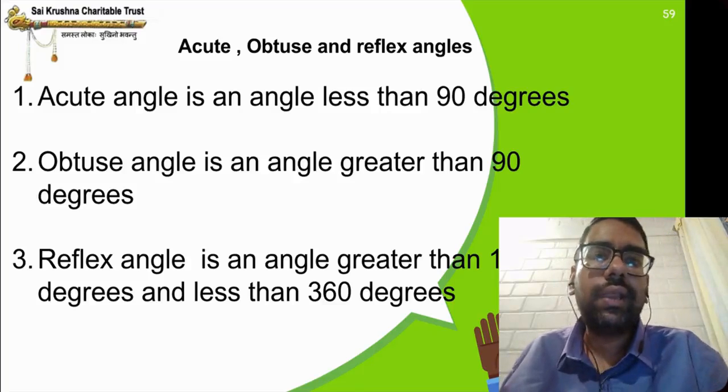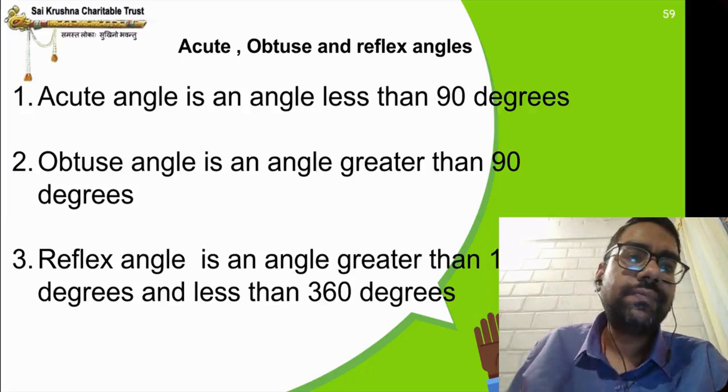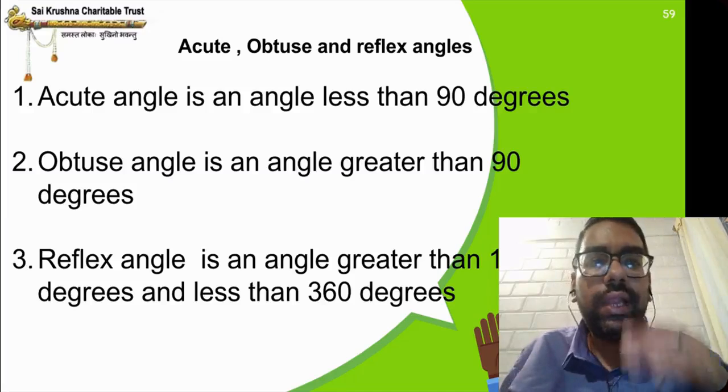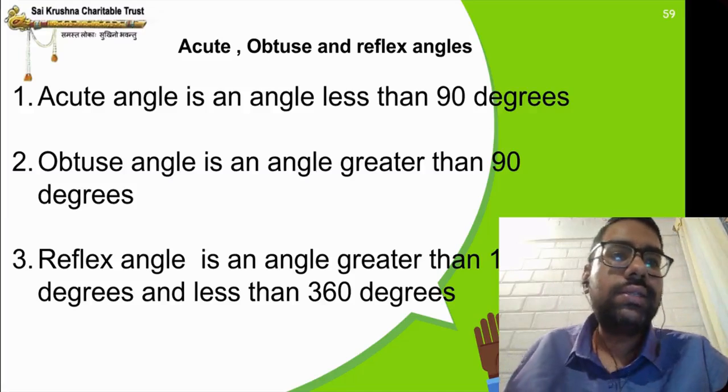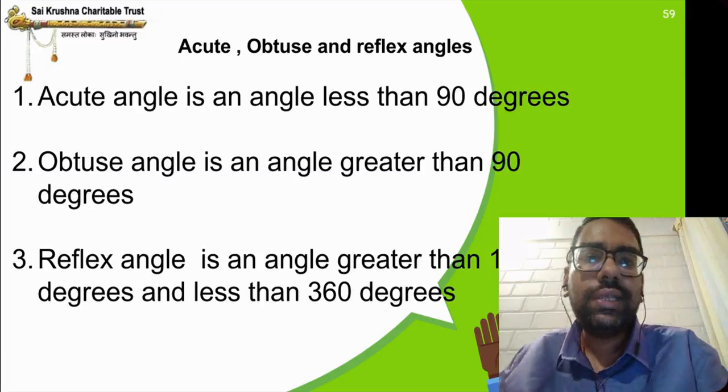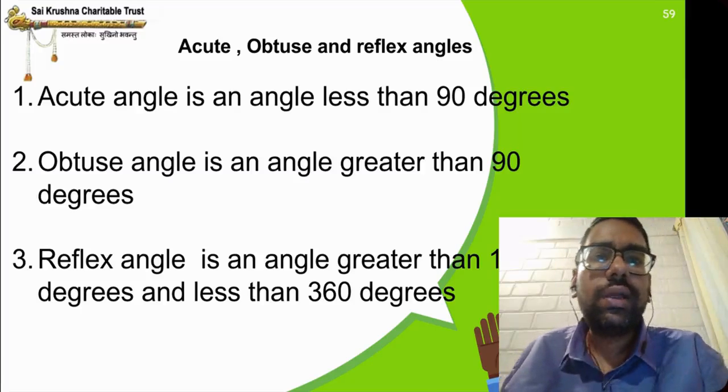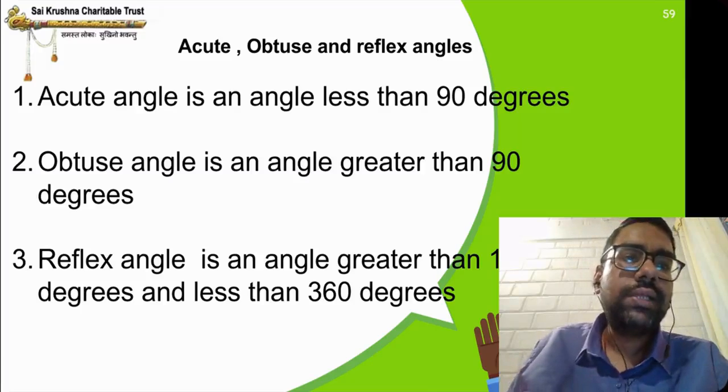That's an angle. Now, what is an acute angle, an obtuse angle, and a reflex angle? When an angle formed is less than 90 degrees, it is called an acute angle. What is an acute angle, children? An angle less than 90 degrees is called an acute angle. What is an obtuse angle?